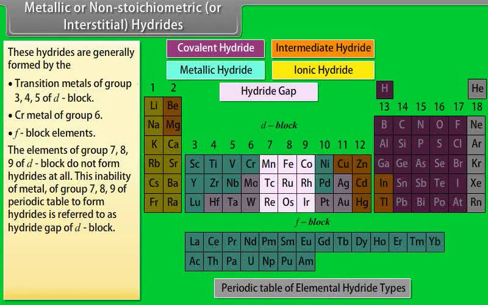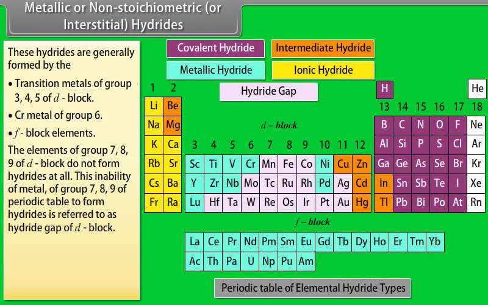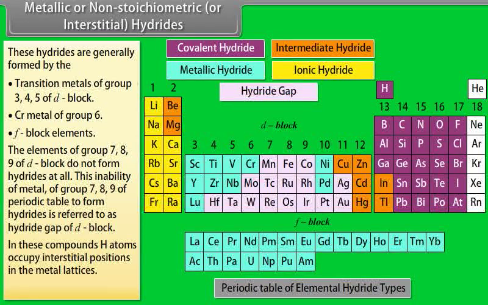This inability of metals of group 7, 8, 9 of the periodic table to form hydrides is referred to as the hydride gap of d-block. In these compounds, H atoms occupy interstitial positions in the metal lattices. For example, ScH2, LaH2.87.